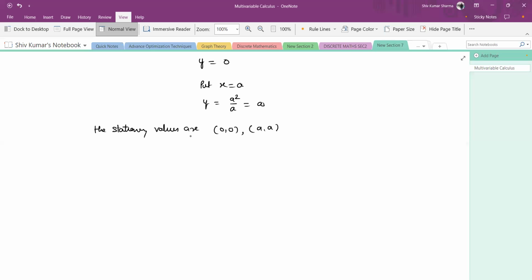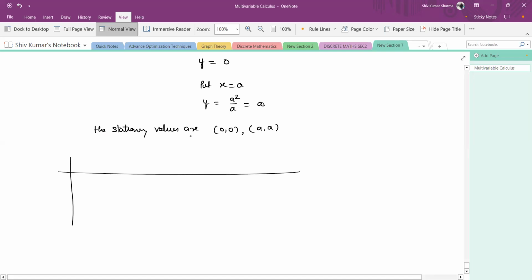Now we construct a table. Here we write the first stationary point, 0, 0, and the second stationary point, a, a. Here we write the values of r, s, and t.